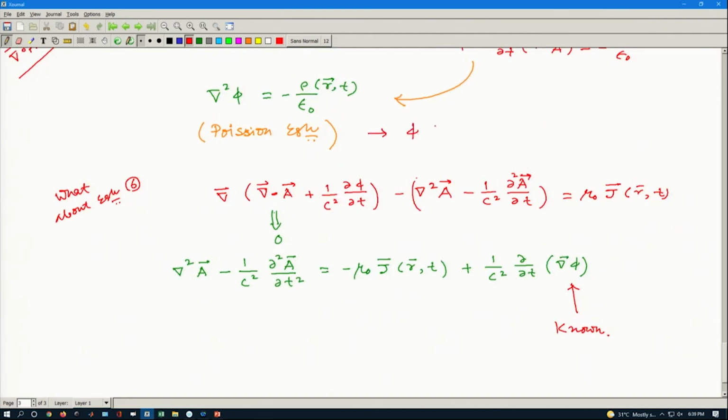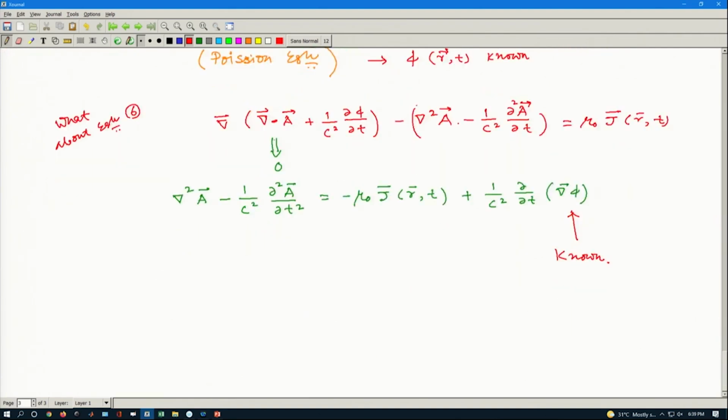So, phi as a function of r and t is known now, because you know how to solve this Poisson equation. And now, this known value if you put in the right hand side, it becomes completely known, and you have a wave equation with a source term, and in principle you can solve it, but it is still a cumbersome process.